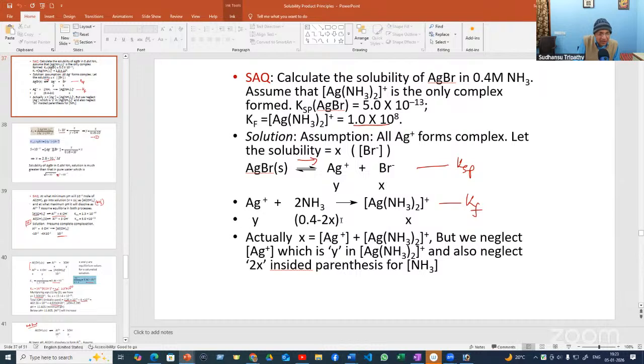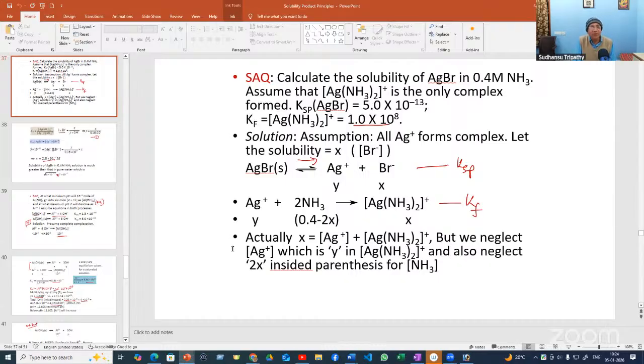And all x has gone, forming the complex. Previously it was x, and ammonia 0.4. And x has become totally zero, vanishes. And ammonia is 0.4 minus 2x, this stoichiometry is 2x, and this is x. But since it is not zero, it is something very close to zero.